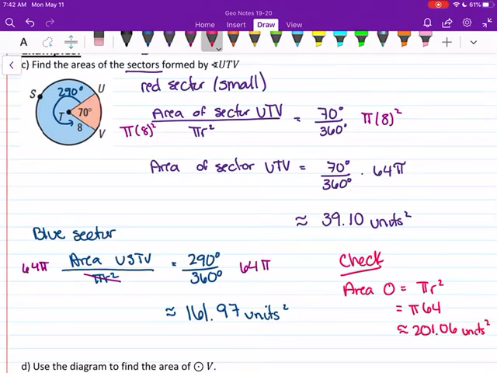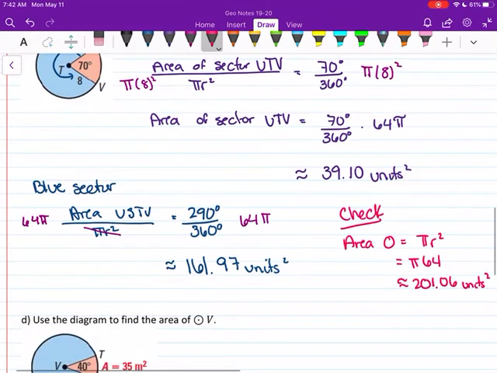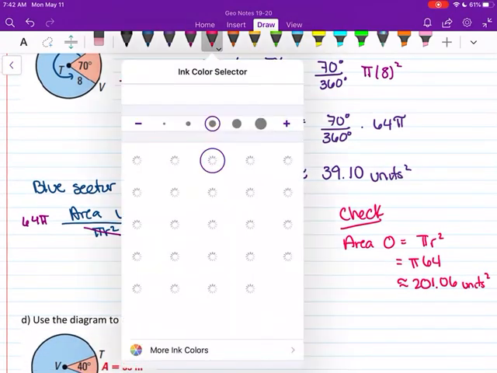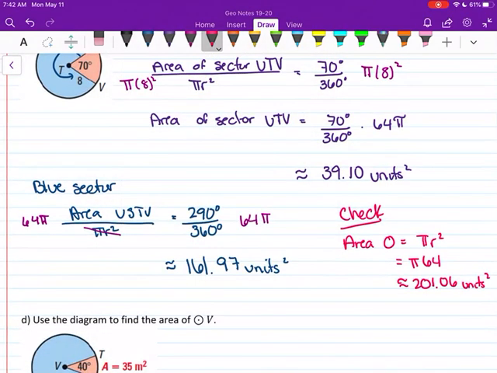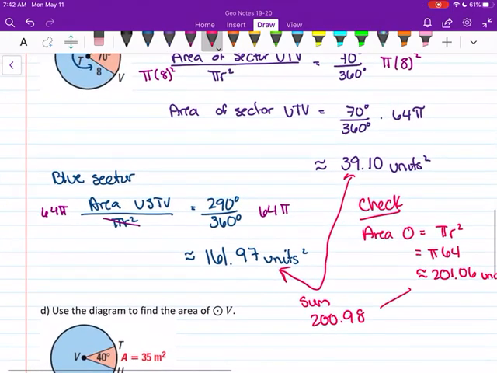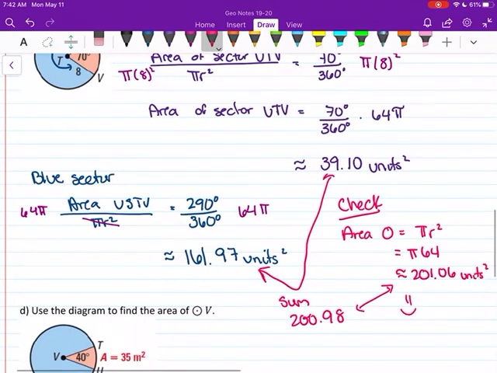All right, so then if I add 39.10 plus 161.97, I get 200.98. Pretty good. So this plus this, when I add those up, have a sum of 200.98, which is so close that I'm happy. It's just rounding.